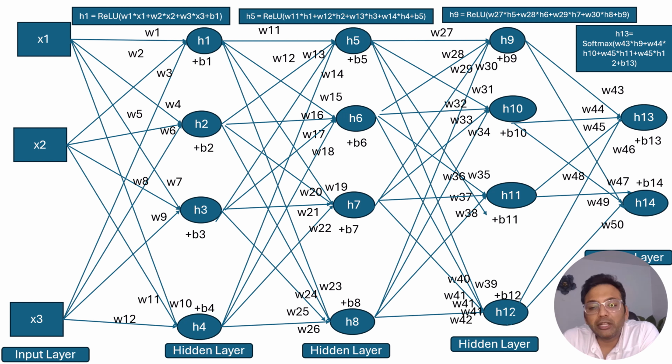Now to train this neural network, we need to find the right values for these weights and biases. We have millions of inputs and corresponding expected outputs. We start with random values for all the weights and biases, and we calculate our output.